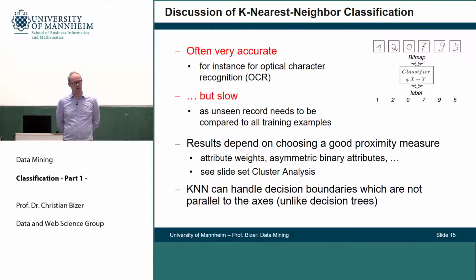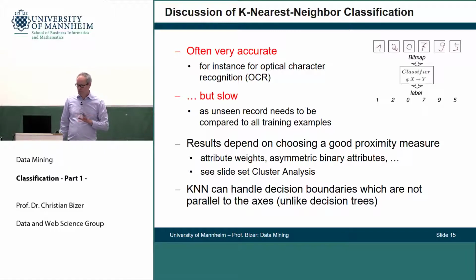Problem is a bit that it's very slow, KNN, because what basically happens in the background is that all examples need to be checked against the instance to be classified. So if we have several thousand examples, let's say the examples being images, several thousand pixel-wise comparisons of the images need to take place at runtime, and this is very slow.